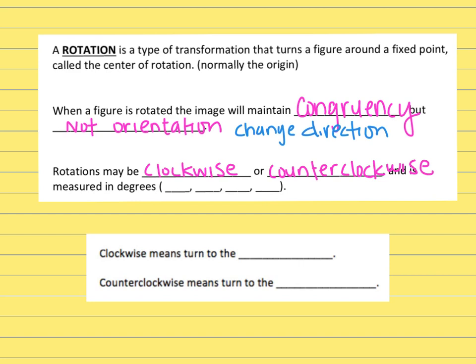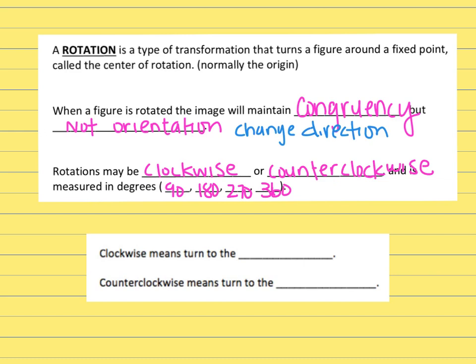They're most often measured in degrees of 90, 180, 270, and 360. You can have other amounts, but those are the four most often used, at least for me, with my students.